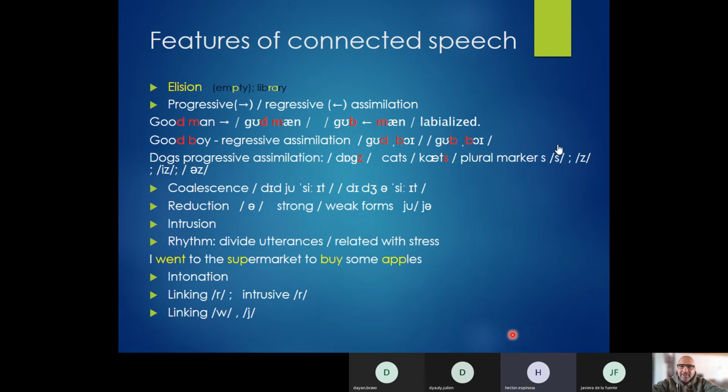To study this, you can search for intonation, as we mentioned: tone, tonality, and tonicity. You can search for word stress, sentence stress, strong and weak forms, also connected with rhythm.